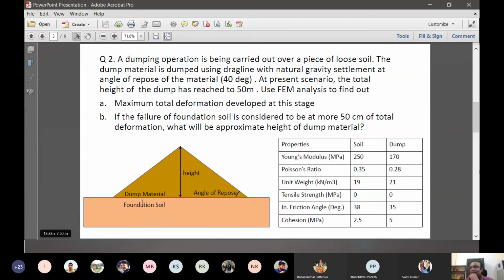A good way to do it is maybe you find a ratio. Suppose for now, if you have a 50-meter height for a dump, and you assume that a 20-meter soil is there, you always calculate this 20 meters, or the depth of the soil that you are considering, as a ratio of the height also.